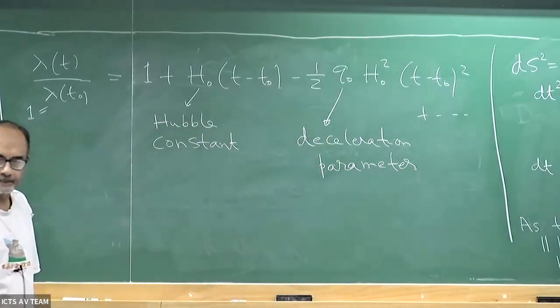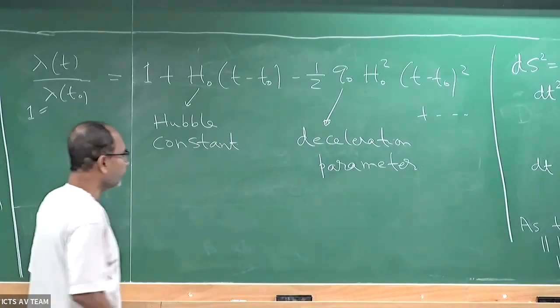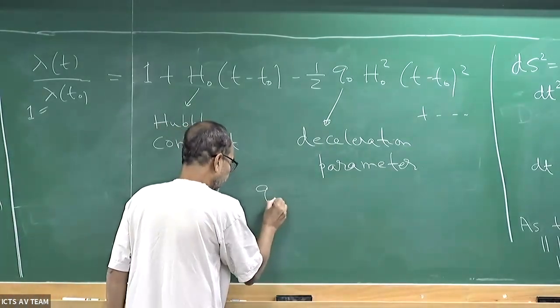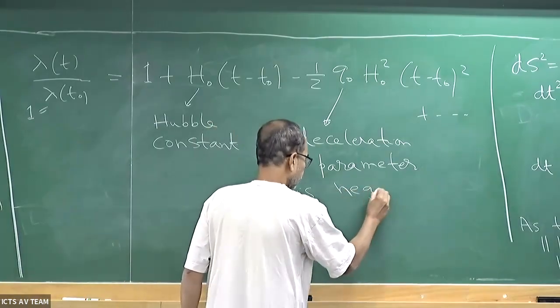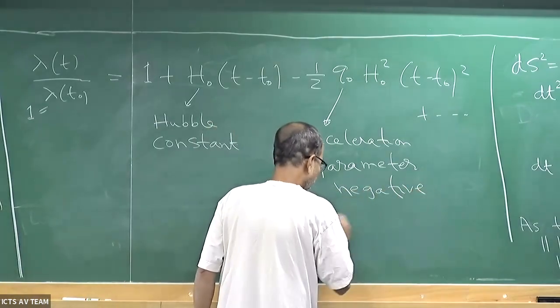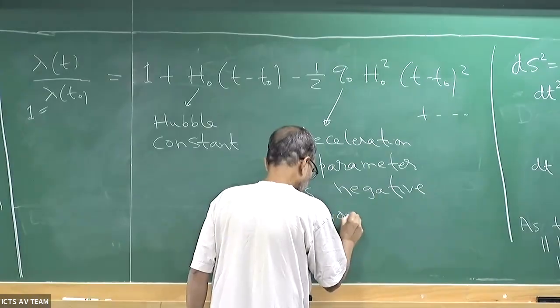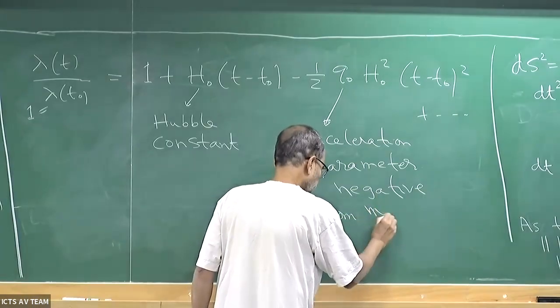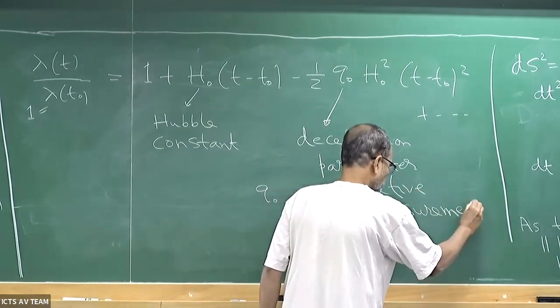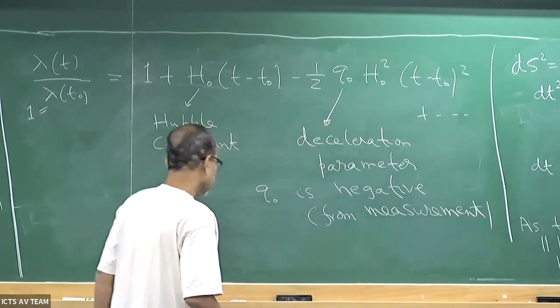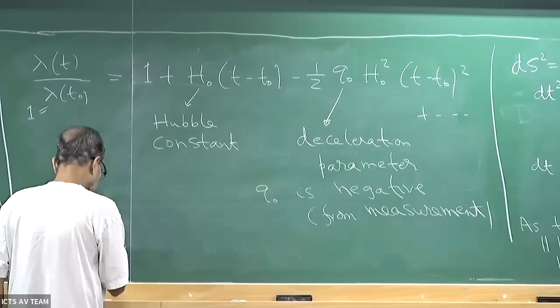Okay, and this has been measured. And what one finds is that Q0 is actually negative. This is from measurement. Okay, this basically means that the universe is accelerating.